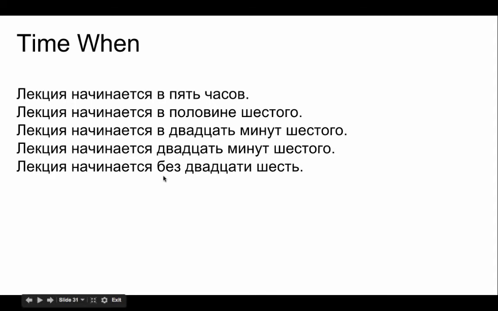Others in the first half of the hour, you choose. When it's in the last half of the hour, like this one though, you cannot use в. So лекция начинается без 26. So here, since we can't have two prepositions right next to each other, без and в aren't allowed to be right next to each other. Here, we cannot have в.